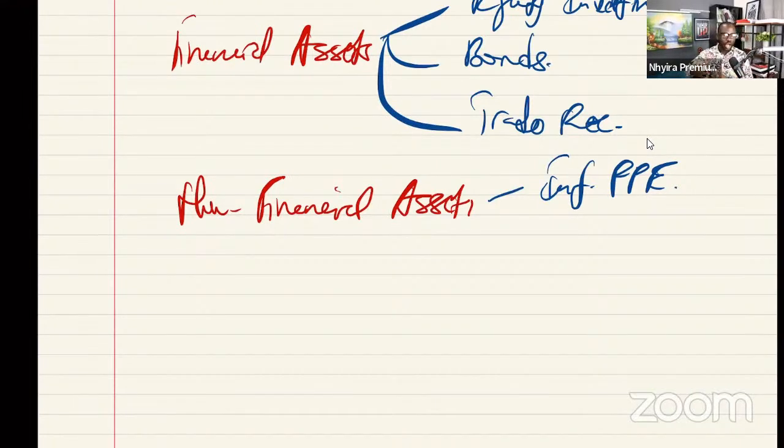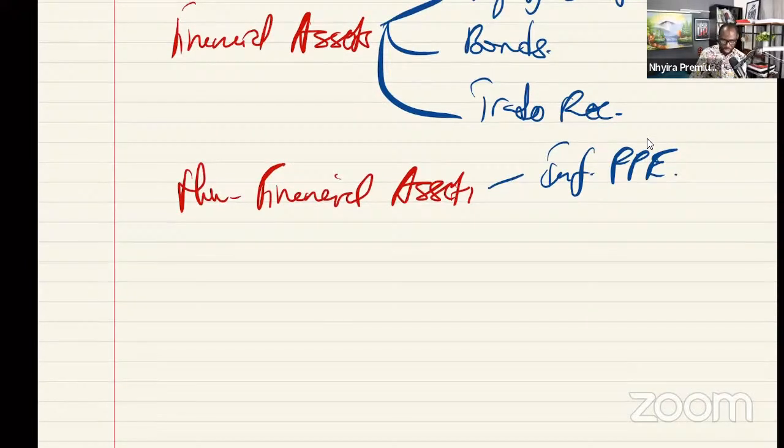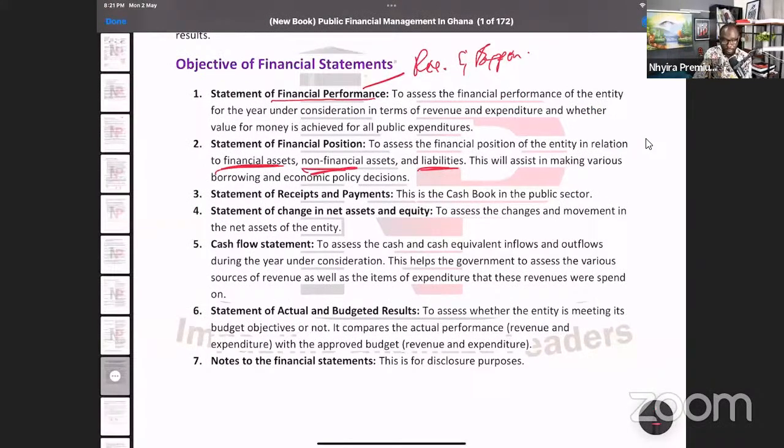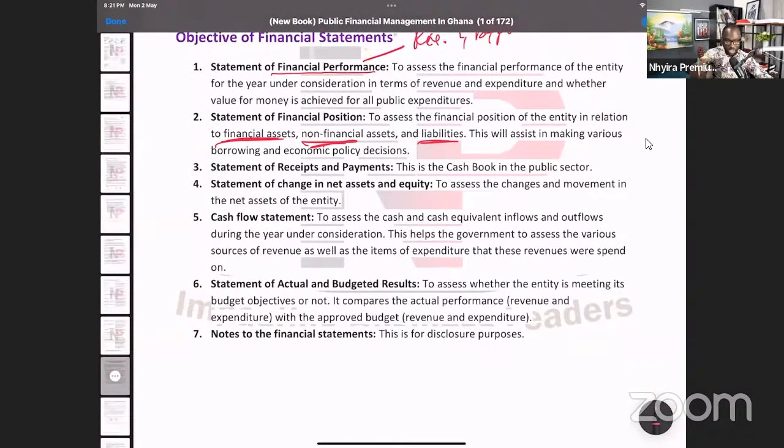All these are non-financial assets. We'll get into these later on when we are preparing the financial statements. But on the statement of financial position, we see the financial assets, we see non-financial assets. Then certainly, we're also going to see liabilities, and we'll get into this in a moment. So the statement of financial performance is there. The statement of financial position is there.